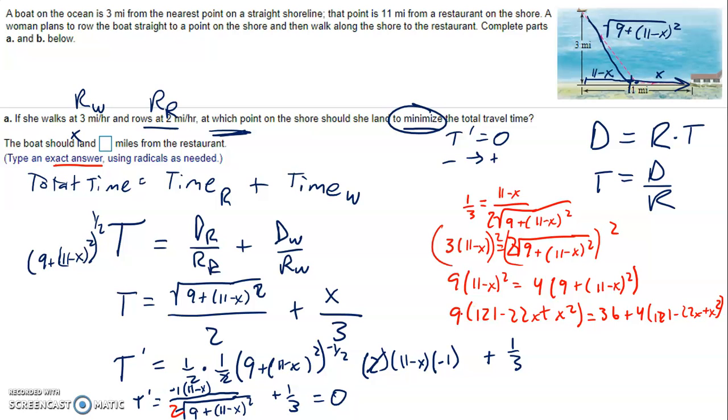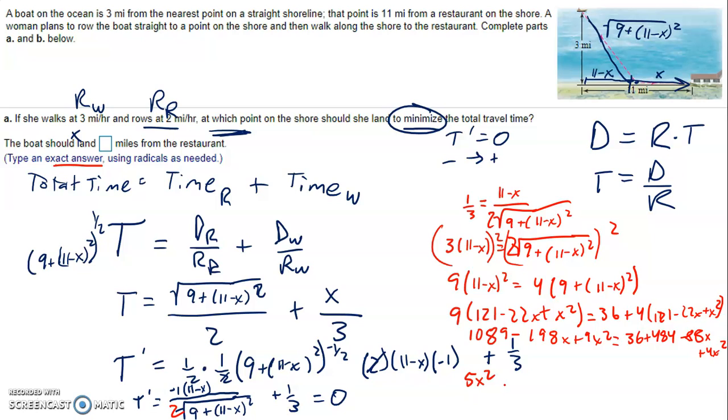So multiply that out, we're going to get 1089 minus 198x plus 9x squared. And then if I multiply out over here, you're going to have 36 plus 484 minus 88x plus 4x squared. I'm going to move all this over to the left side to make it equal to 0. 5x squared, 9 minus the 4.